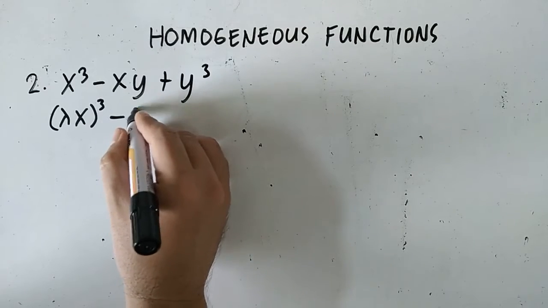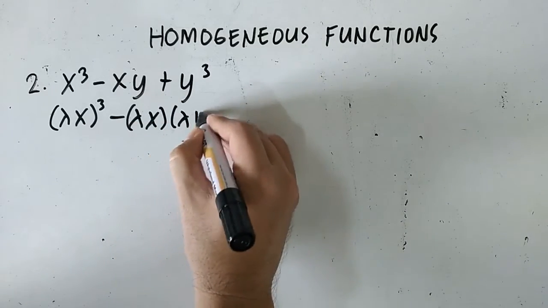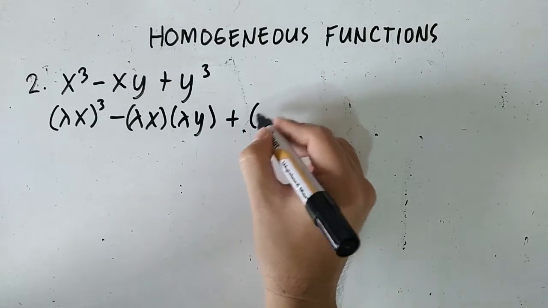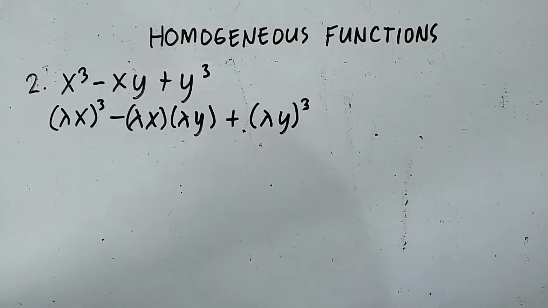So minus lambda x times lambda y plus, again, lambda y cubed. As you can see, it is already obvious that all the lambdas do not have the same power, so we cannot factor them out.